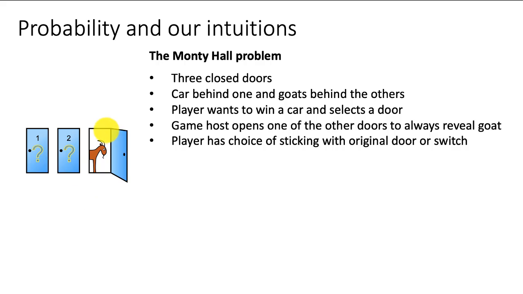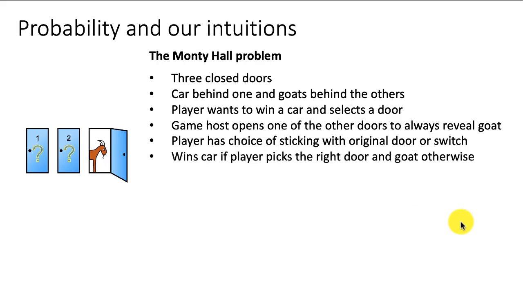The game show host has revealed a goat by opening this door. Now the player has a choice of either sticking with door 1 or switching to door 2. And of course, after that, that's the final choice. If the car is behind whichever door they now chose, they win the car, otherwise they win the goat.